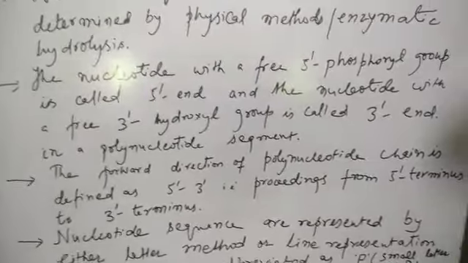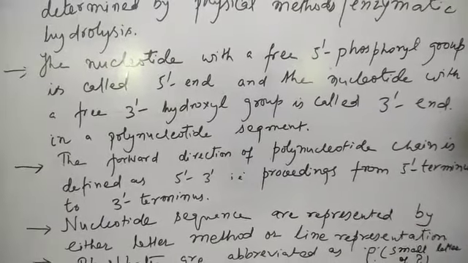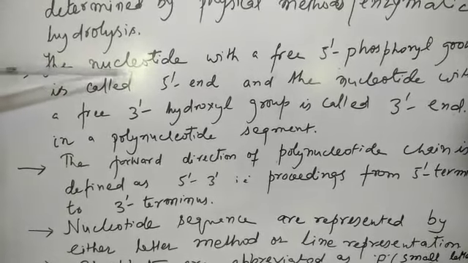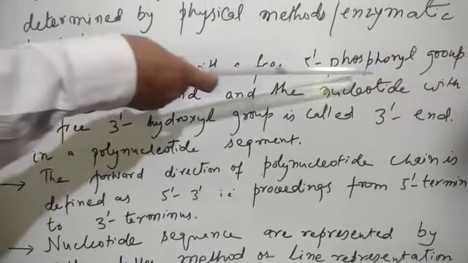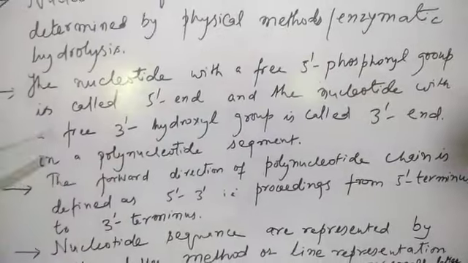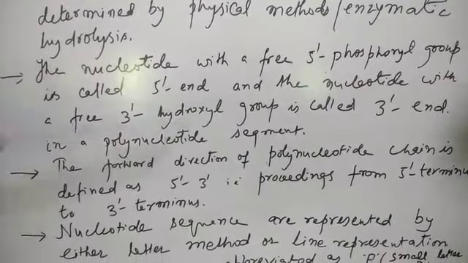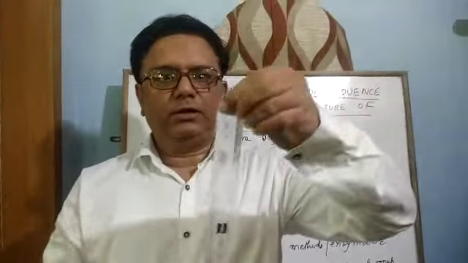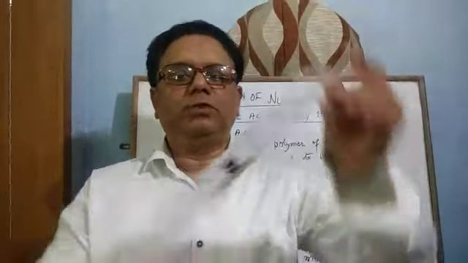Now what happens when we start writing the nucleotide sequence? We have to see where the free phosphate group is. So the nucleotide with a free 5' phosphoryl group is called the 5' end. Suppose you have a strand of nucleotides.